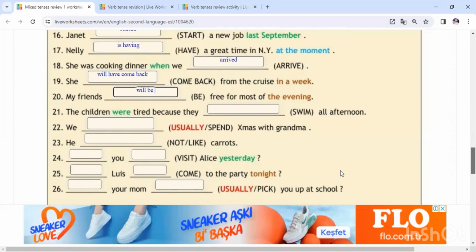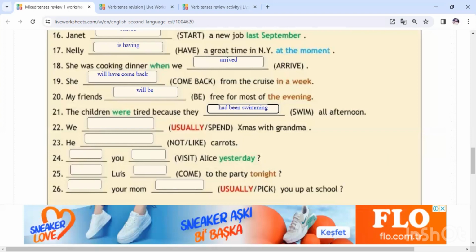Which one is suitable? Let's say past perfect continuous: they had been swimming all afternoon. That's why they were tired. Translate, please. Çocuklar yorgundu çünkü bütün öğleden sonra yüzmekteydiler.